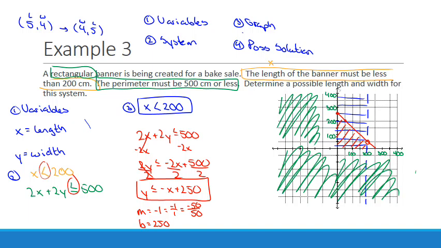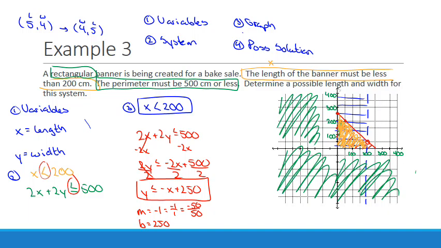I still have some more shading down here to do. I'll just highlight this in green. Actually, let's go yellow, people. I already got so much green all over the place. So anything in my yellow shaded region is going to be the overlap, and those count as answers.